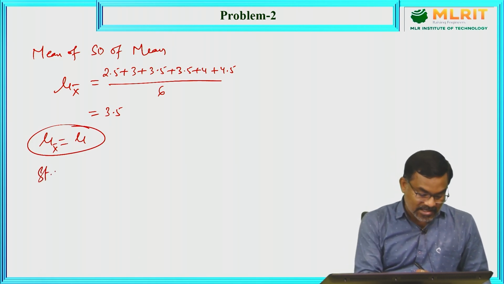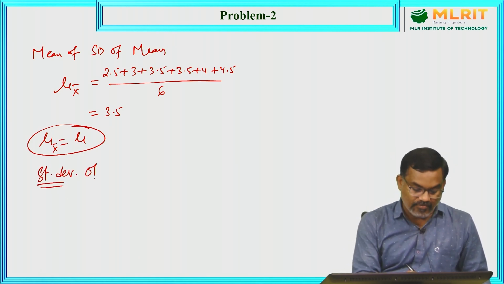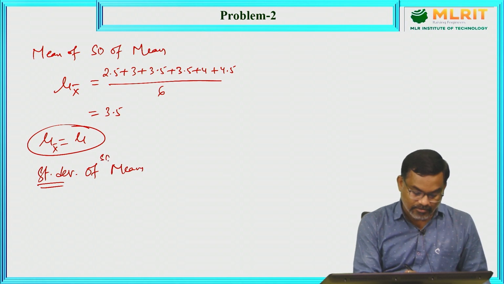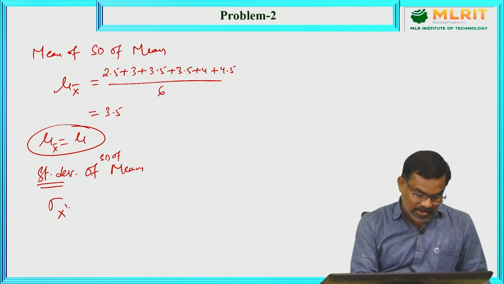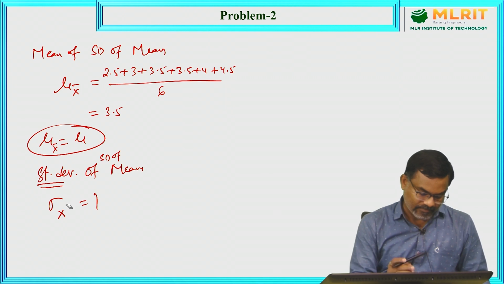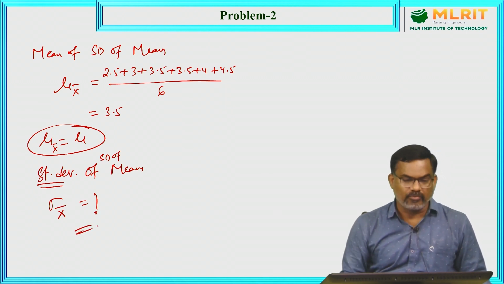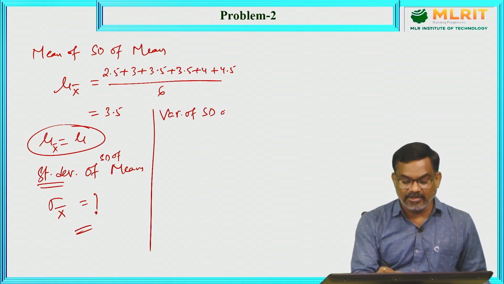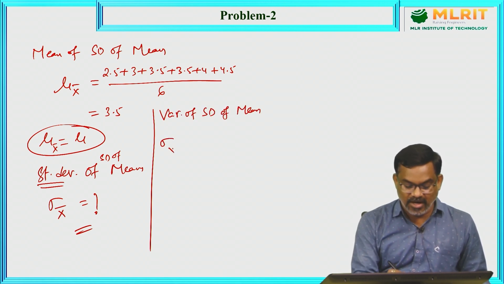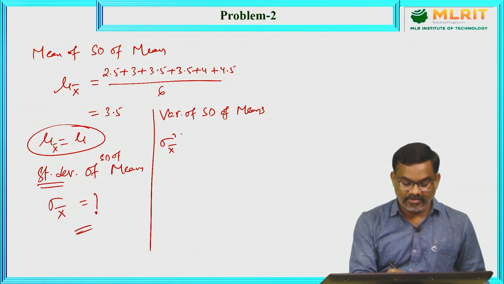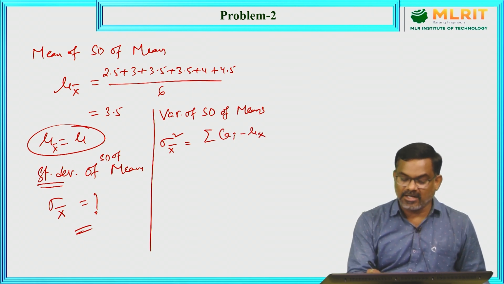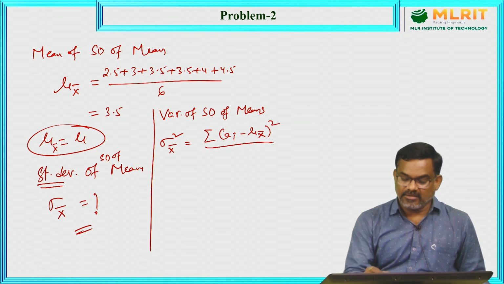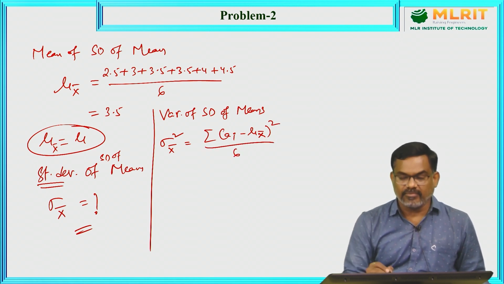Similarly, the standard deviation of the sampling distribution of means. So, sigma x bar is how much? To find sigma x bar, first we have to find the variance of the sampling distribution of means. So, sigma square x bar, which is the sum of, from each individual subtract the corresponding mean, whole square, divided by the total number of elements.